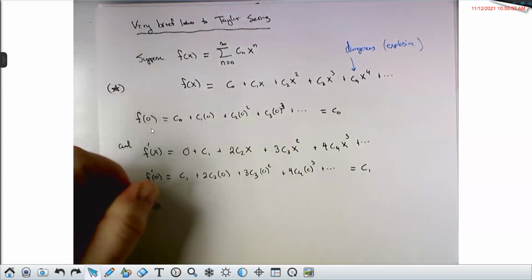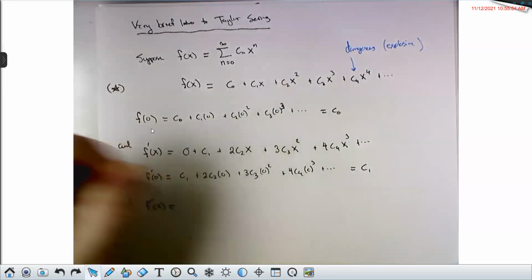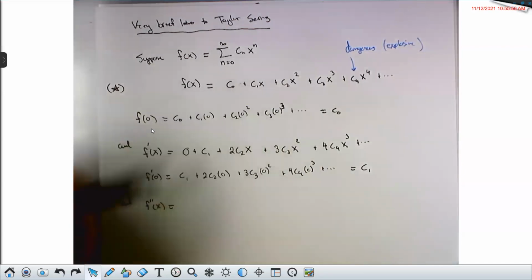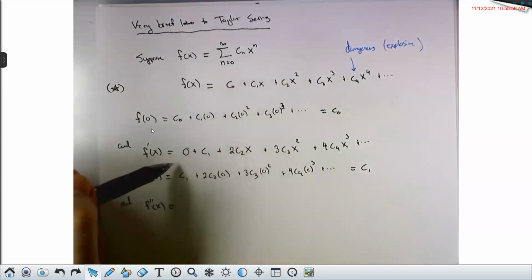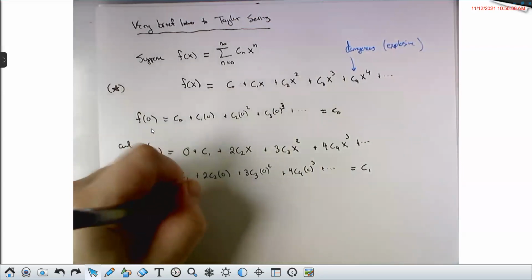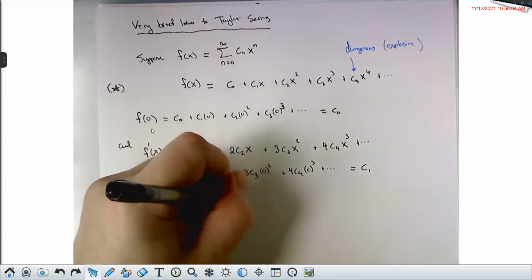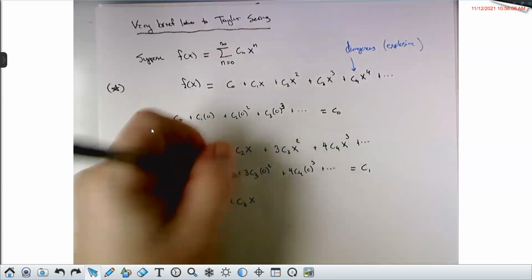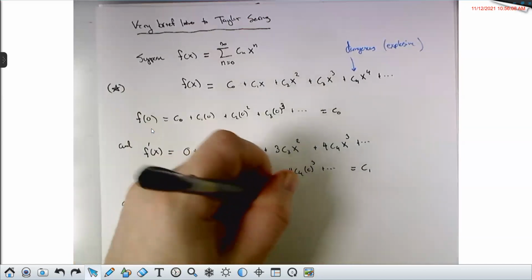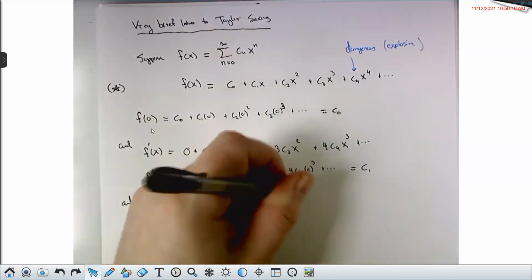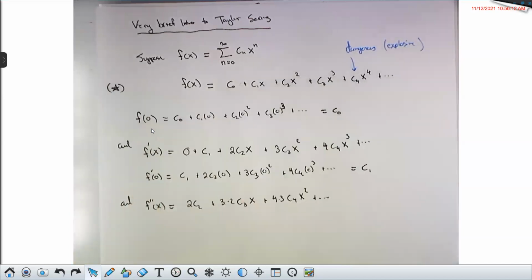If I take the second derivative of star, I just differentiate twice. So the first derivative is here. Differentiating again, I get 2 c_2 plus 3 times 2 times c_3 x plus 4 times 3 times c_4 x squared, and so on.